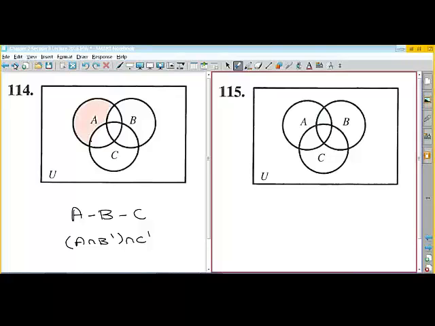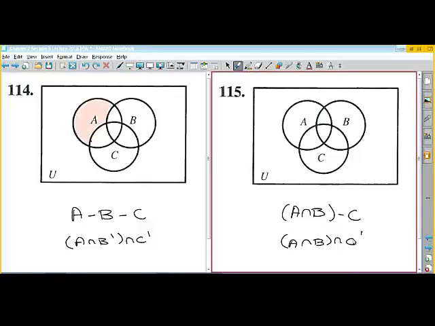So this one's going, let me write it down, and then we can talk about these three other similar looking little pieces. It's A intersect B, which is this whole thing, minus C. Or it probably would be A intersect B intersect C complement, the other way looking at it.